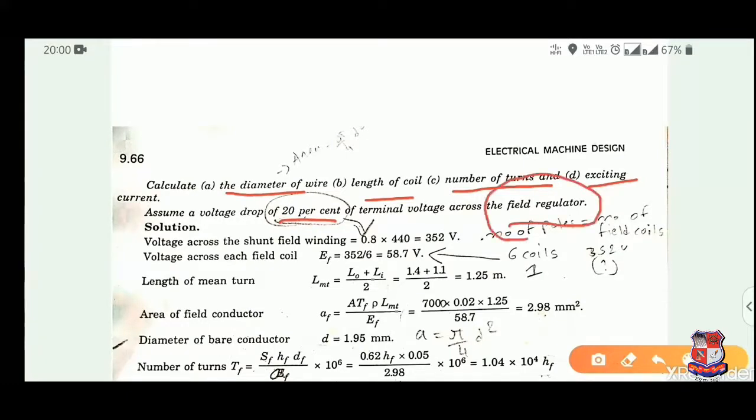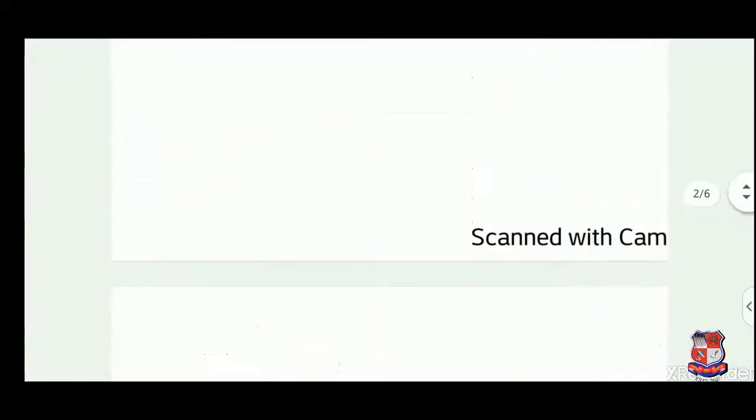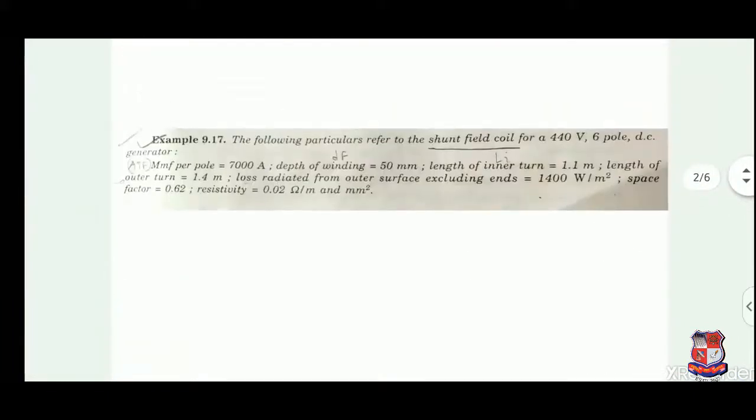Here the field regulator means generally the rheostat connected in series with the shunt field winding. The current of this shunt field winding can vary with the help of the field regulator. So the total voltage is supposed to be 100%. Here the voltage given is 440 volt.